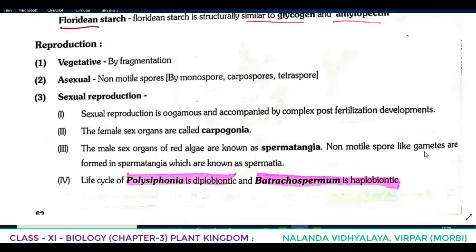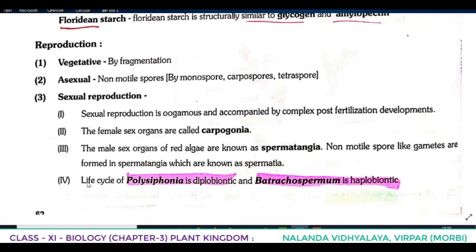Non-motile spore-like gametes are found in spermatangia, which are known as spermatia. Once again, see the point. The male sex organs of red algae are known as spermatangia. Non-motile spore-like gametes formed in spermatangia are known as what?